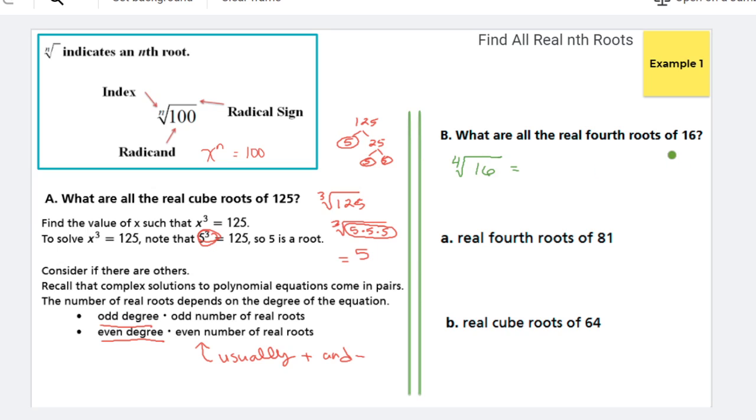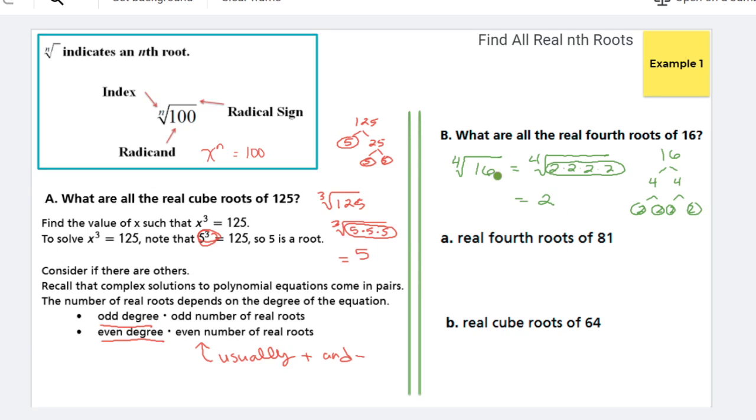I'm going to do a little factor tree for 16. 16 is 4 times 4, neither of which is prime, and 4 is 2 times 2. So 16 is 2 times itself 4 times. Because the index is 4, I need 4 of a kind to pull the 2 out of the radical. I have four 2's, so this is 2.